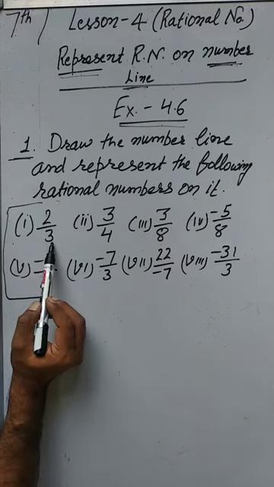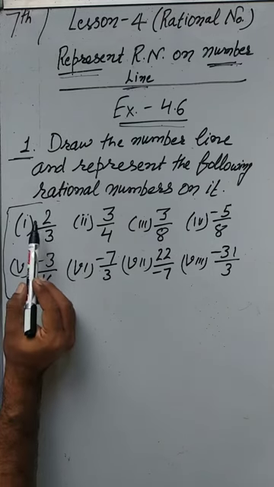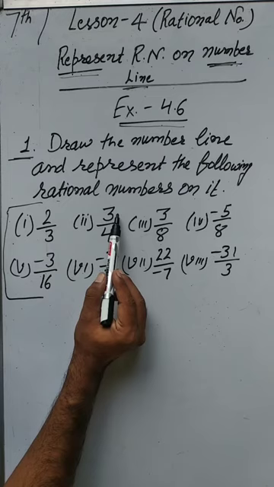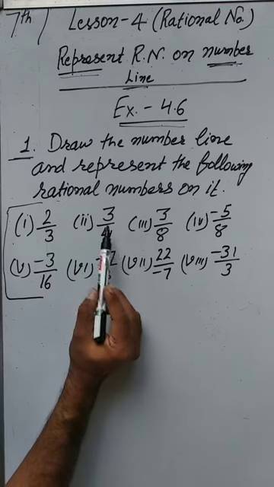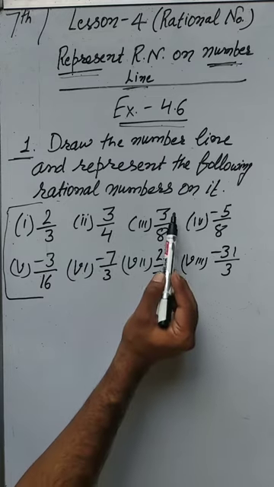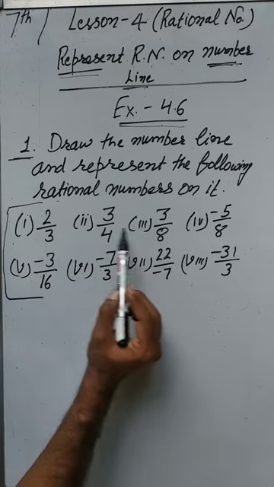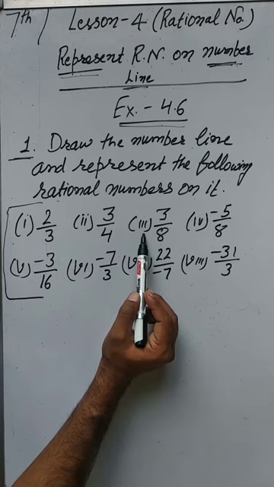The numerator is smaller than the denominator and the sign is positive, so this rational number lies between 0 and 1. Similarly, the second and third also have a smaller numerator and positive sign, so they lie between 0 and 1.